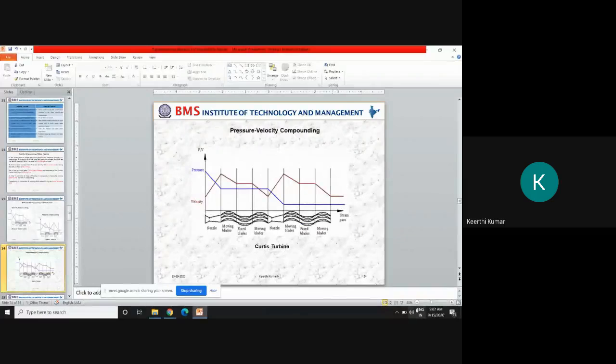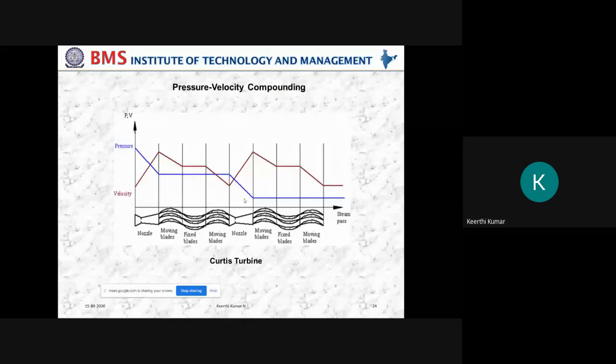Next is pressure velocity compounding. This is nothing but a combination of two velocity compounded turbines. If I block everything here, I will get the velocity compounded turbine. If I include a nozzle, again the velocity increases and pressure reduces. Again, one more set of velocity compounded turbine.